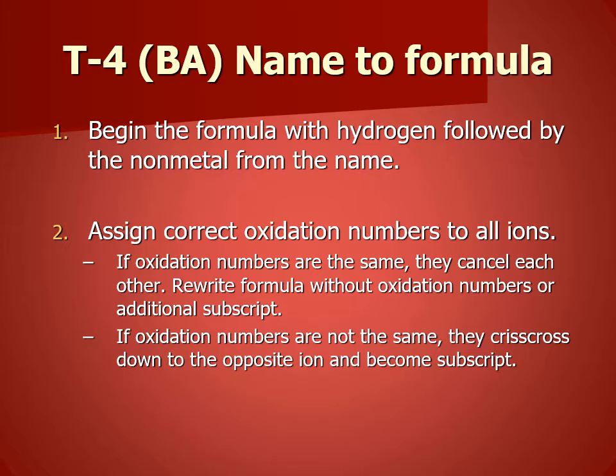The nonmetal, hopefully you have memorized, -3 for group 15, -2 for group 16, -1 for group 17. Assign the oxidation numbers and crisscross if necessary. You will never have a chance to reduce because hydrogen is a +1. So when the 1 crisscrosses down, you can't reduce anything at that point. So if they are +1, -1, cancel them, go with the formula. If it's a +1, -2, or +1, -3, you've got to crisscross.